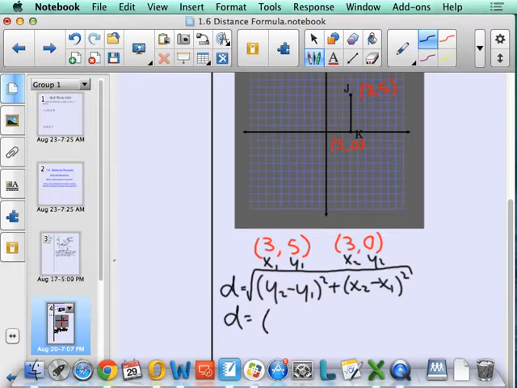Alright, y2 is the value of 0, minus y1 is 5, squared, plus x2 is 3, minus x1 is 3, squared.